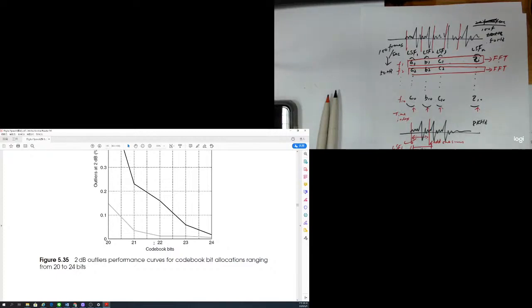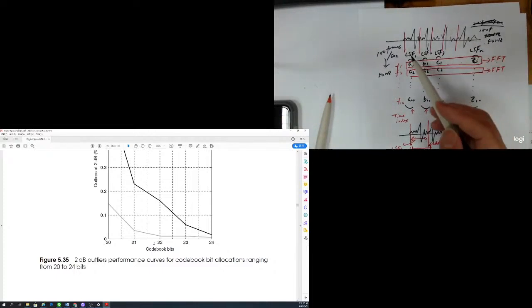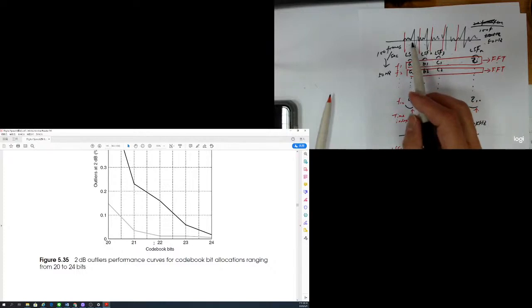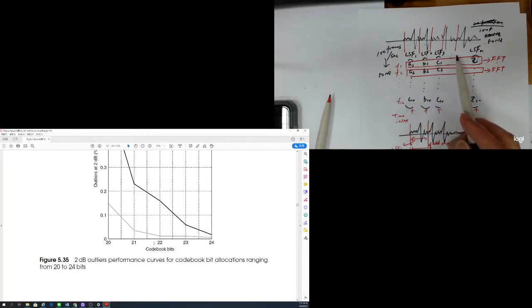So take the line spectrum frequency. In the beginning they consider your waveform, so neighboring line spectrum pairs, neighboring speech frames, overlap. Only one sample is different, so your line spectrum frequency sampling rate becomes 8 kHz.